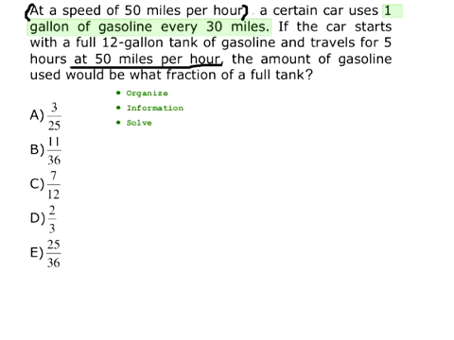So that's not really relevant up there. It's not really helping us. But we have miles per gallon there. What do these kinds of units let us do? When you have this much every that much, whether it's gallons per mile or miles per gallon or miles per hour, what do those units let us do?